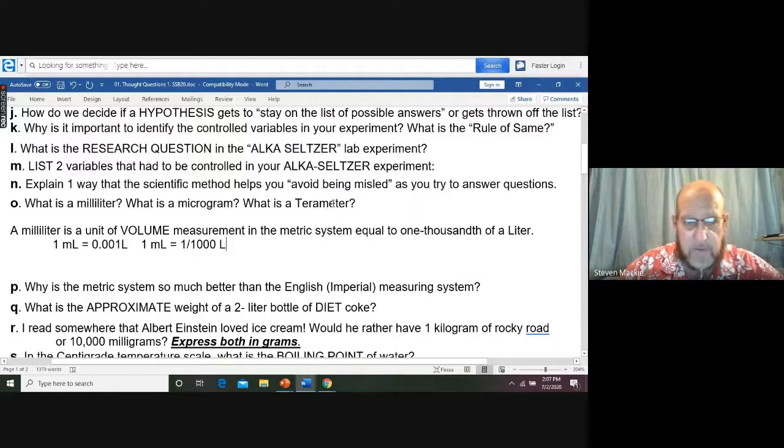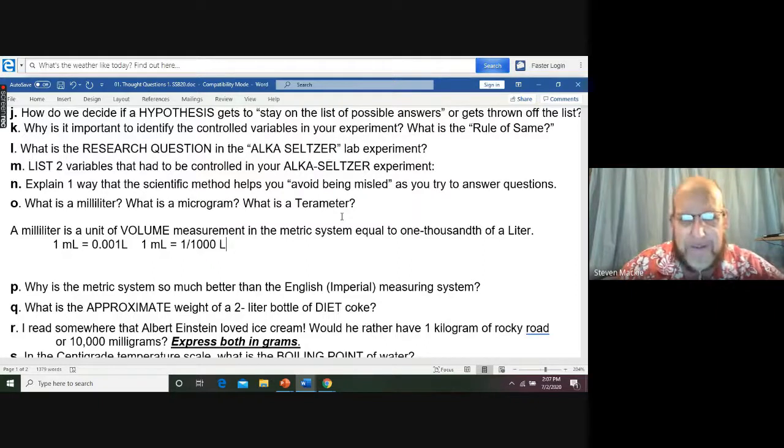Meter means length. Measurement in the metric system, equal to 1 trillion meters. You know, when they measure things in terameters, they start measuring how far it is from the Earth to Jupiter or something like that. These are huge units, huge units.